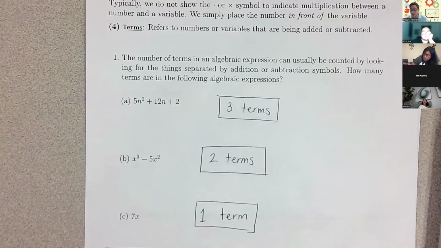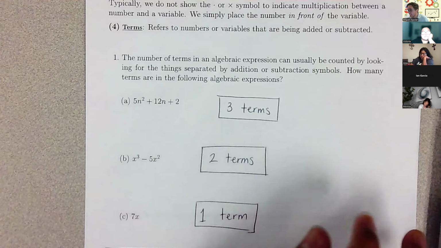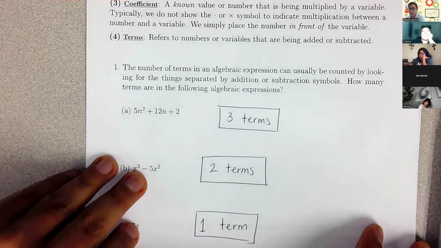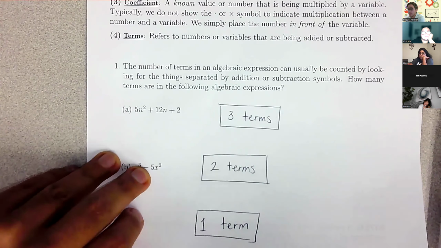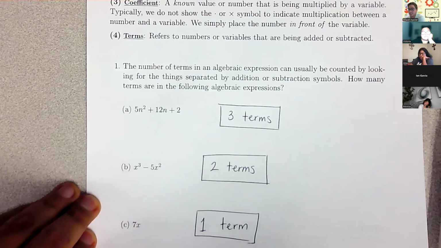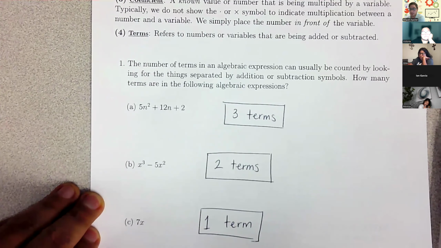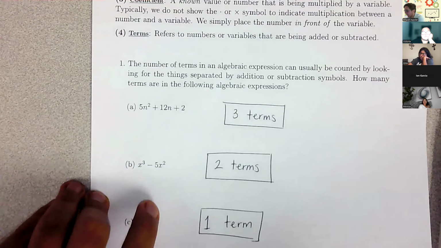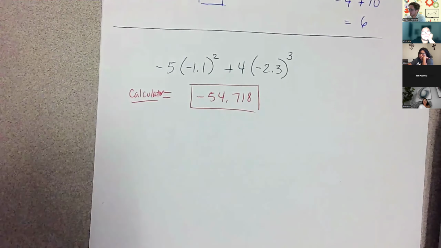Another factoring technique can only be used when you have 4 terms. Okay, so being able to identify and count the number of terms, even though it might seem like the simplest thing in the world, is going to be a really useful skill. And I want it to be very clear when I'm asking for the number of terms, it's just this simple. Does anybody have any question about those problems? No. Okay, cool beans. Let's go to the next page.